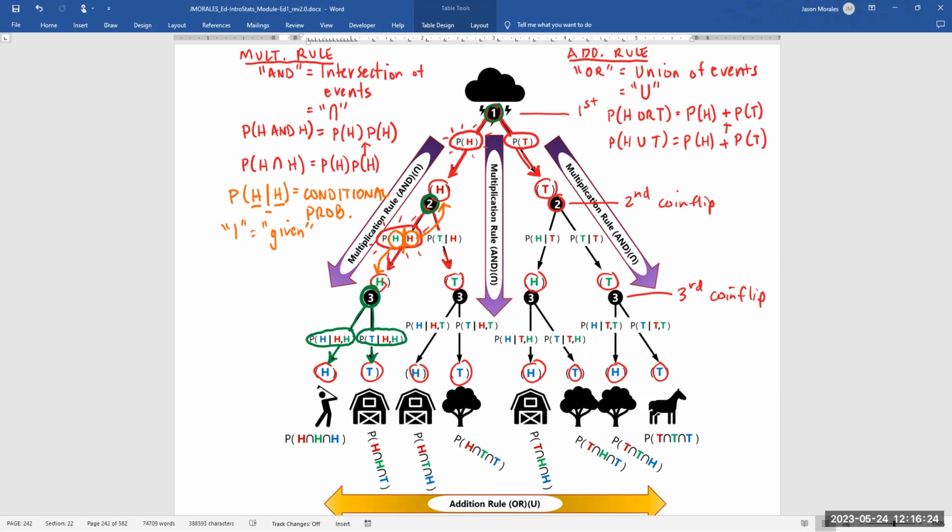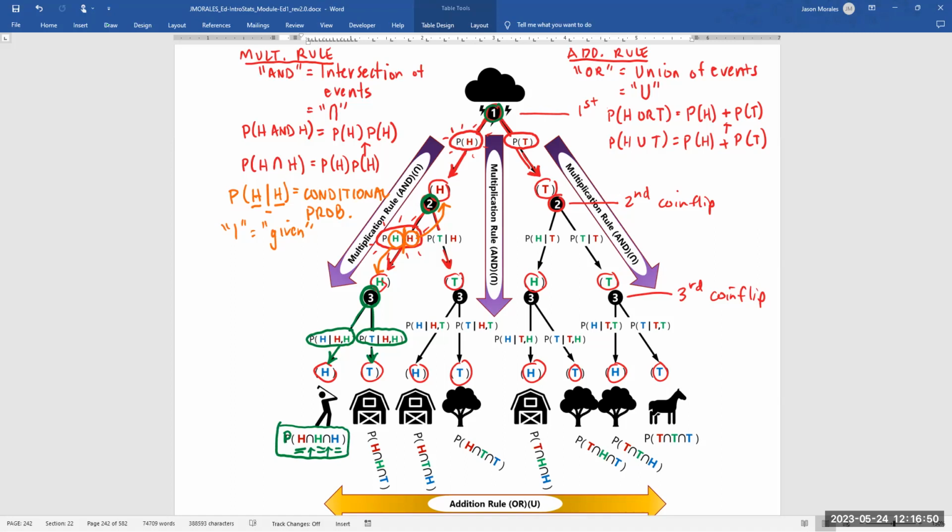And down here at the bottom, if we were to trace down this path of getting 3 heads in 3 coin flips, we have down here at the bottom the probability of heads and heads and heads. So the probability of getting 3 heads.